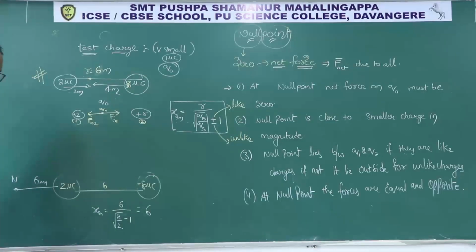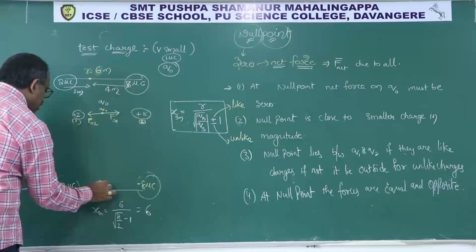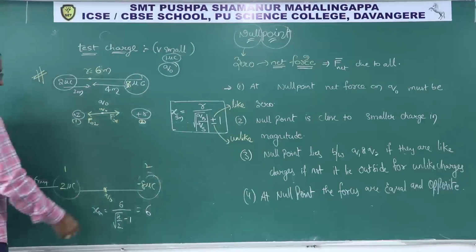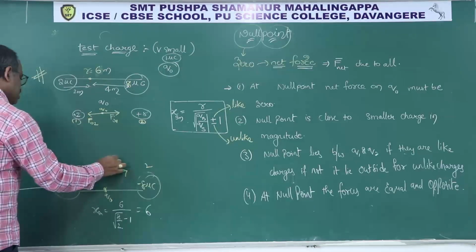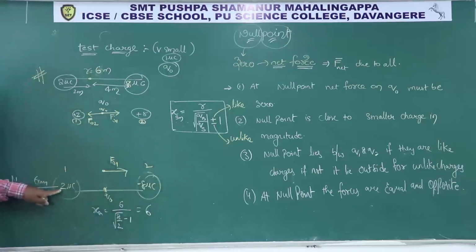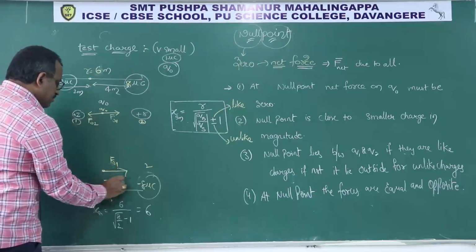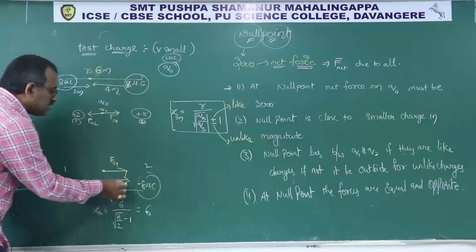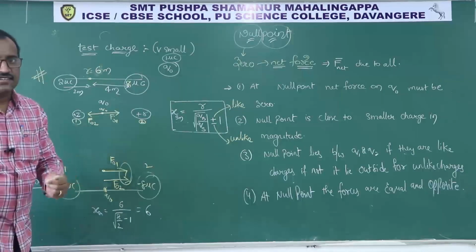But coming to the unlike case, if I place Q naught somewhere else, you check it out for your better understanding. On this Q naught, due to this plus 2, the force is in this direction, repulsive. But at the same time, the force acting on Q naught by minus 8 will be attractive. You see, both are in the same direction. They won't get cancelled.